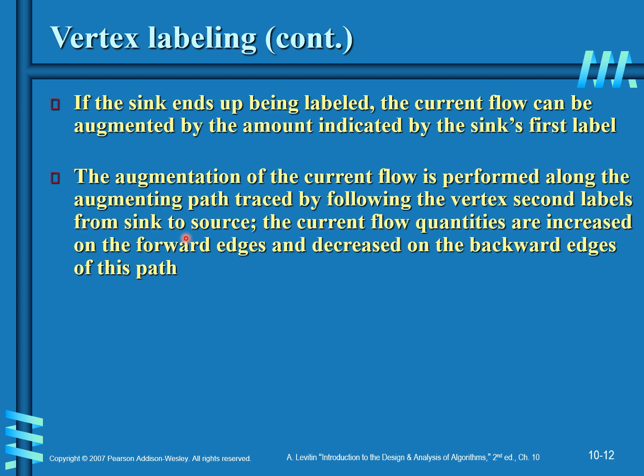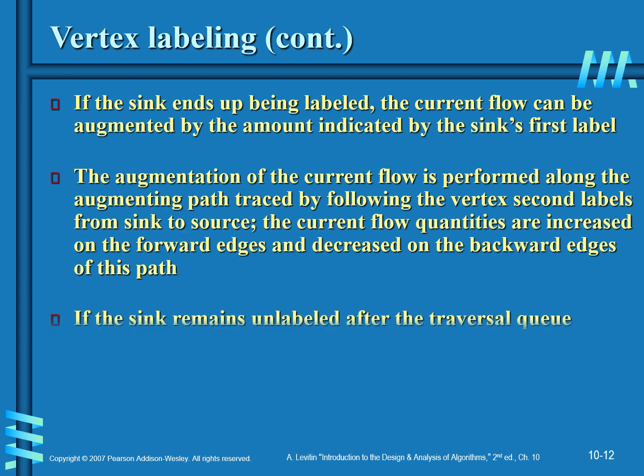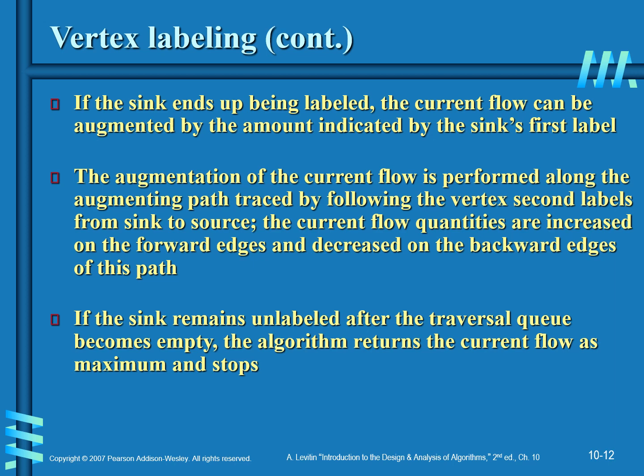If it is a backward edge, you have to decrease the current flow by that many units. Once again, if the sink remains unlabeled after the traversal and the queue becomes empty, the algorithm returns the current flow as the maximum and stops.